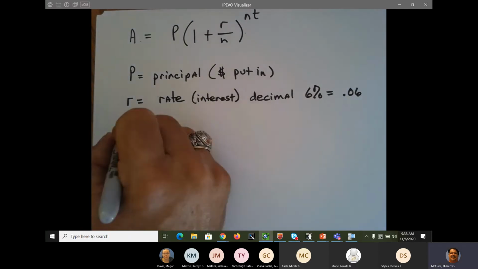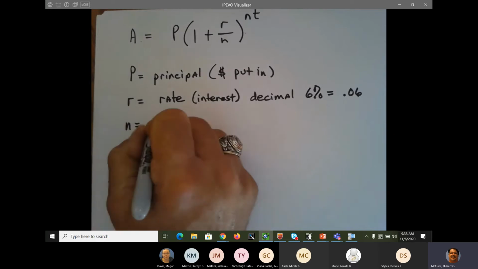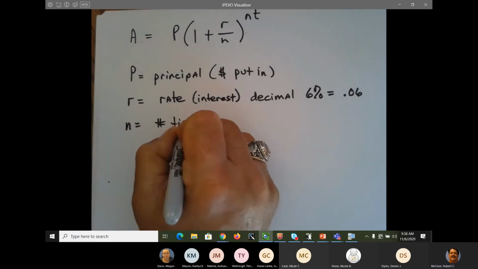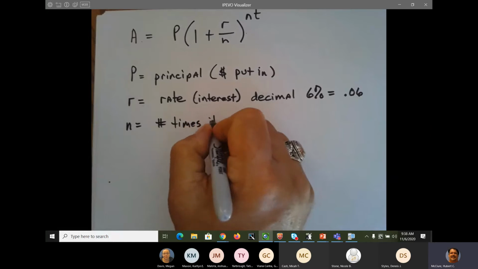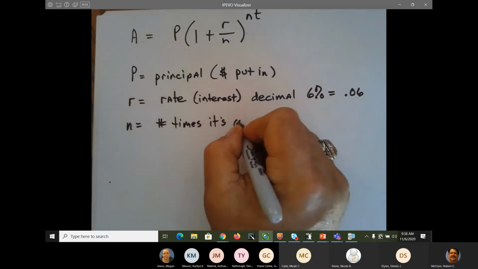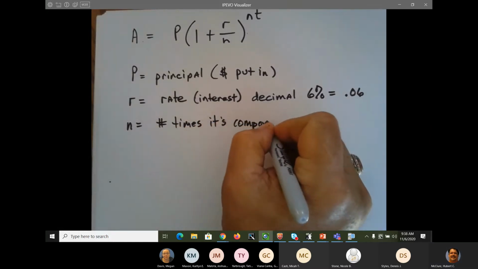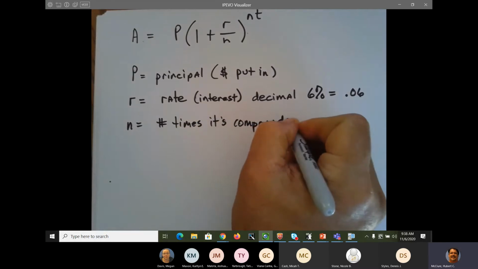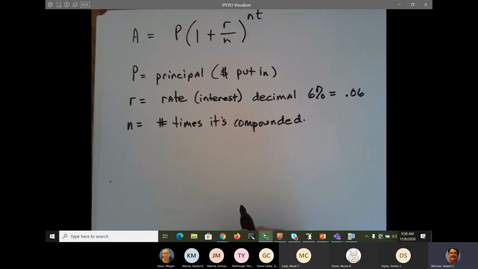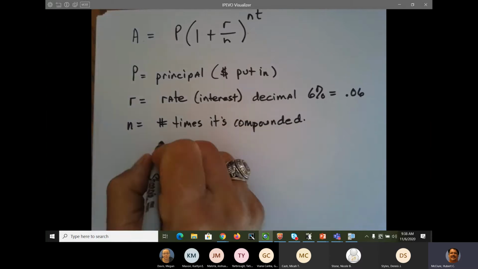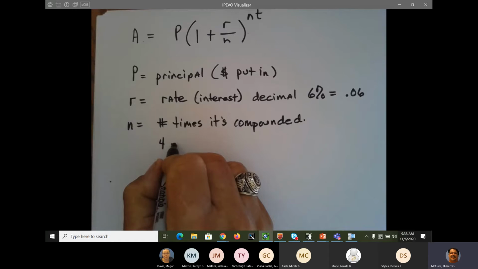N is the number of times it's compounded. Compounded is another word for calculated. So if it's 4 times a year, that's quarterly.